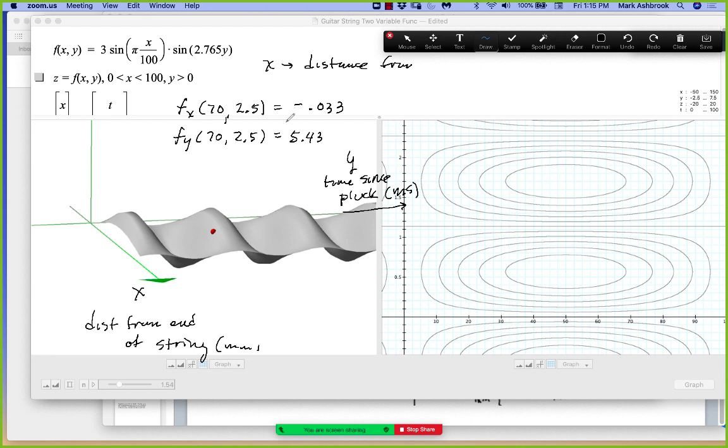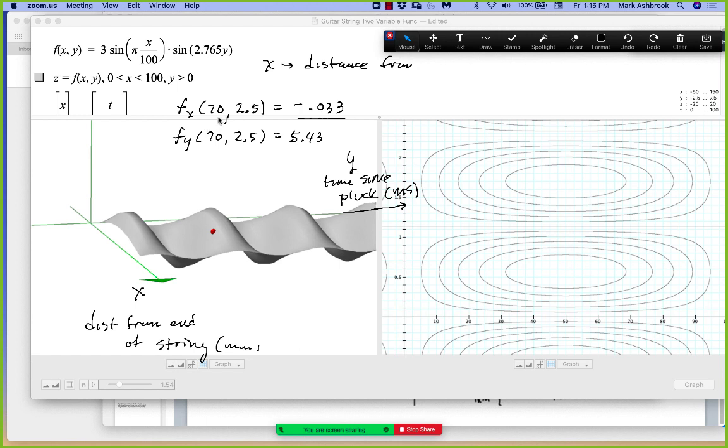So what does that mean for the surface at 72.5? What do we expect this does? What does this tell us about the surface? It decreases. It goes down if you increase what? Increase x by 70. Not by 70, by just a little bit.